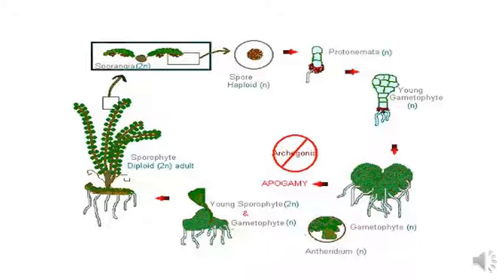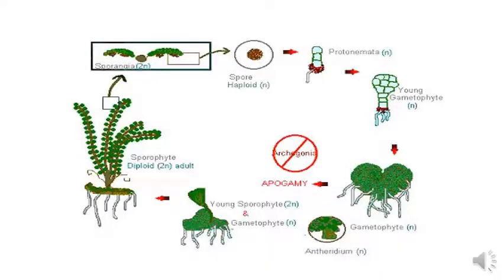The sex organs in Archegoniates are called Antheridia and Archegonia. The male sex organ is called Antheridia and the female sex organ is called Archegonia. The fusion happens and the zygote is formed, and then the next phase; like this they complete the life cycle.